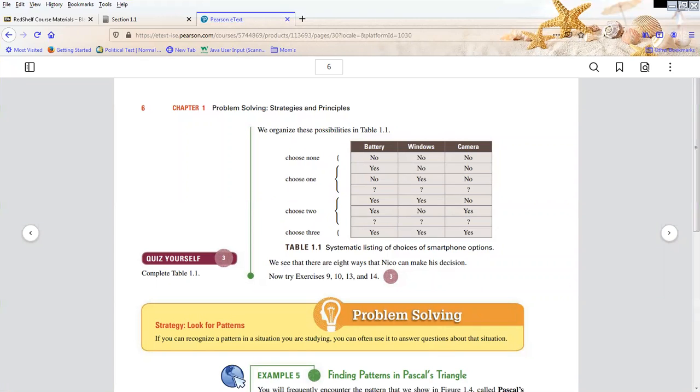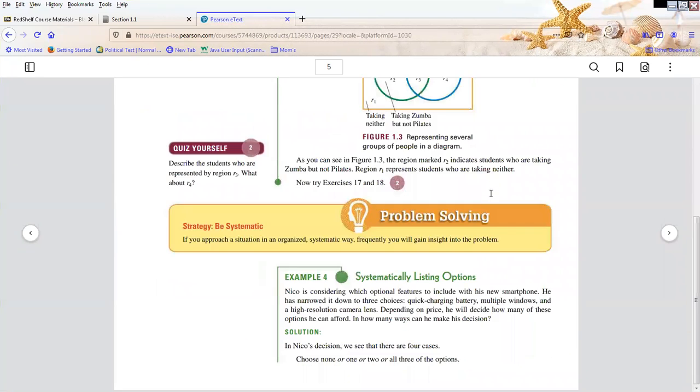All right, and Quiz Yourself question number 3. We're asked to complete the table. So let's look at the whole problem probably. So we're systematically listing.